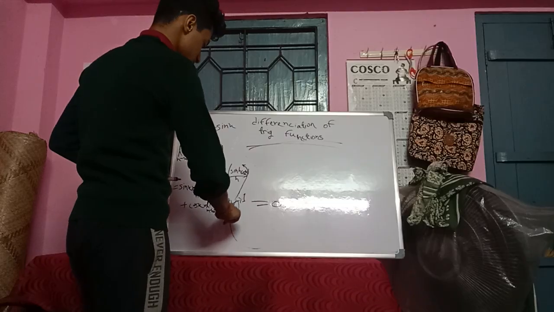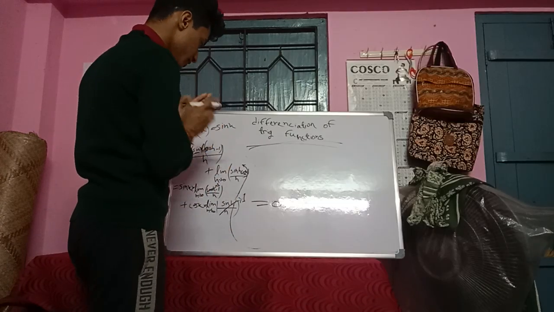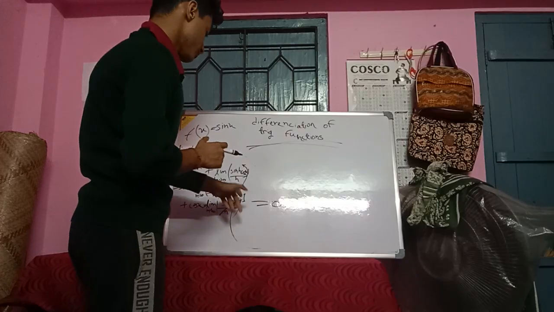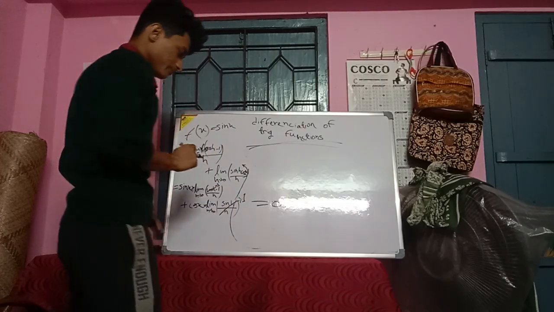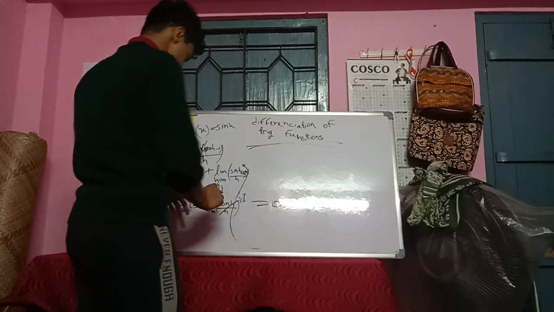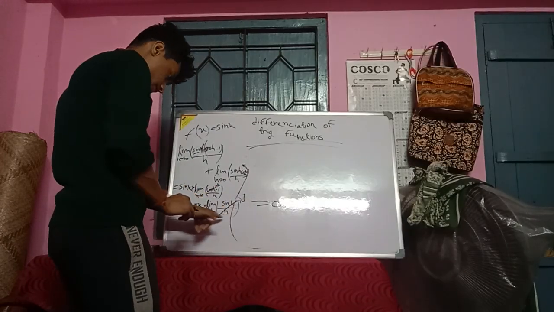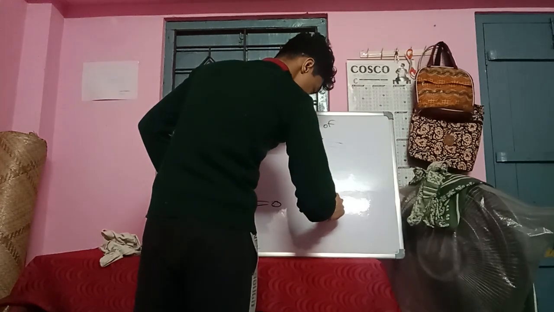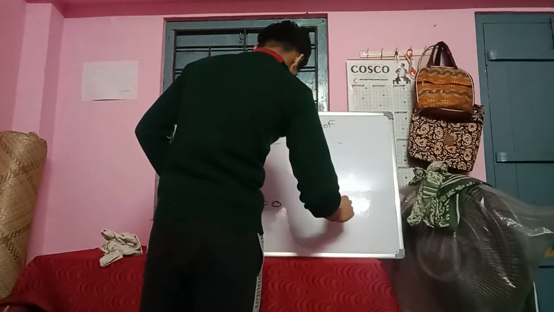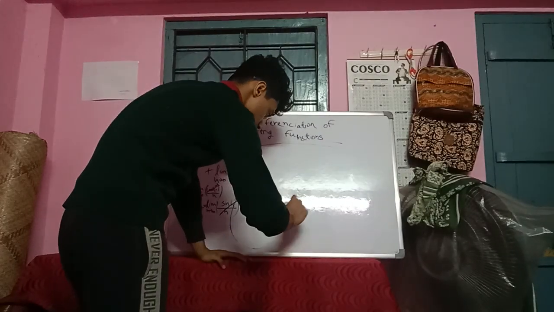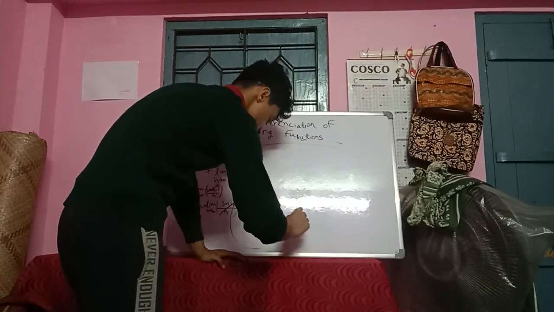That means these numbers would be very close to each other, and because of that, we can say that this would approach 1. So this portion would become cosine of x times 1, which just becomes cosine of x.